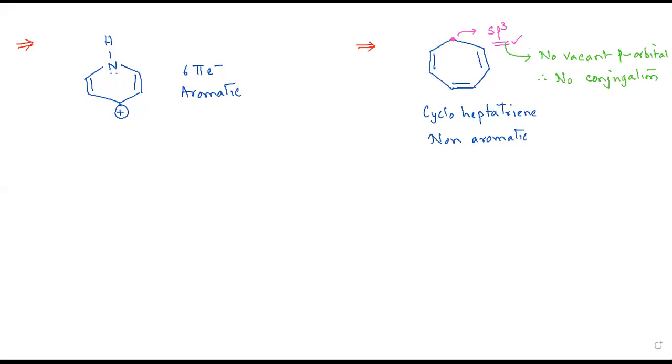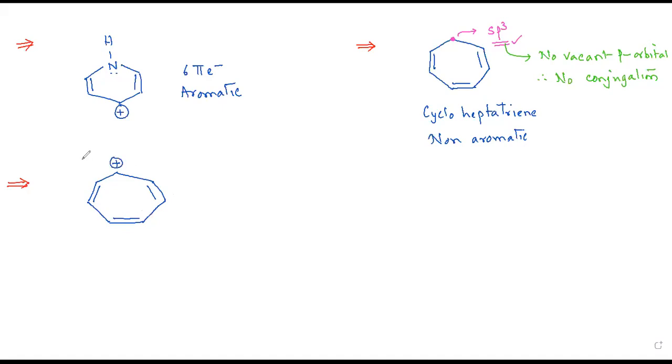Next. These are all the different examples only to get maximum clarity. Now, look at what happens when a positive charge is placed. This is an interesting compound. 1, 2, and this 3.